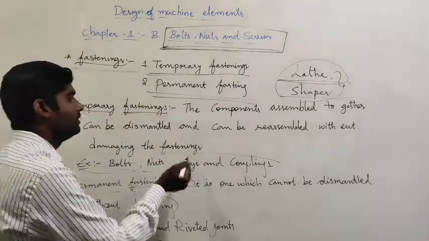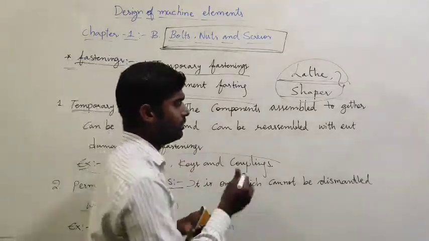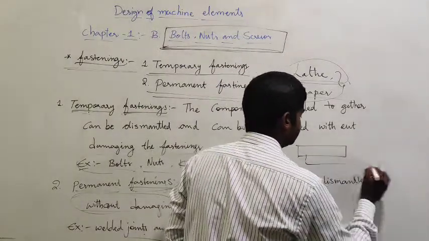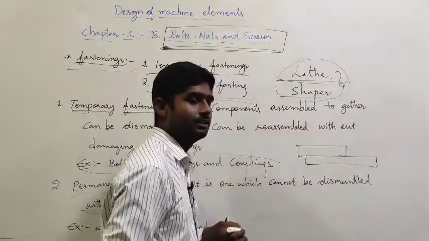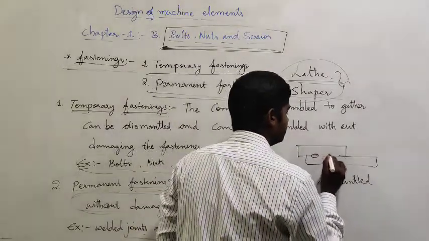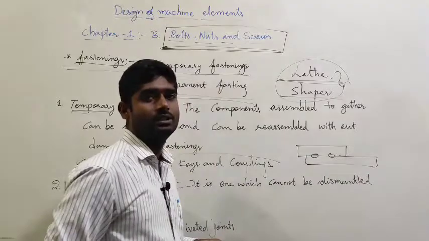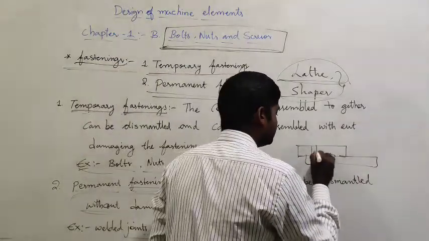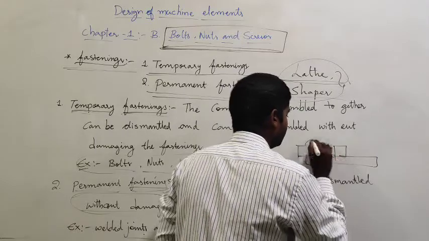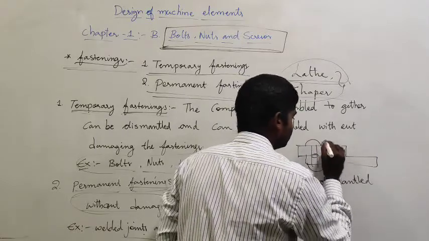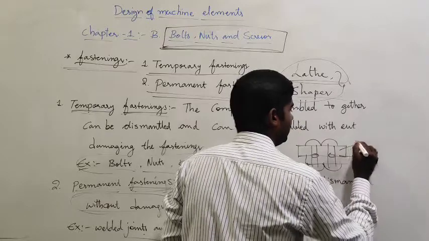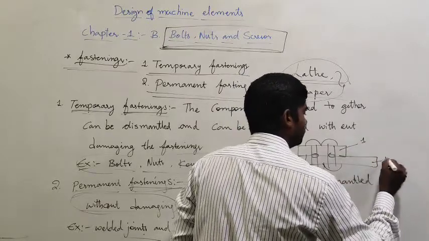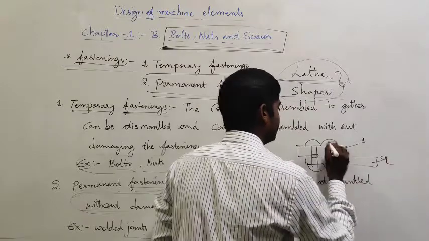If you want to join any two plates, we use welding as well as bolts and nuts. But in welding there is damage. For example, this is plate 1 and plate 2, and we use riveting.